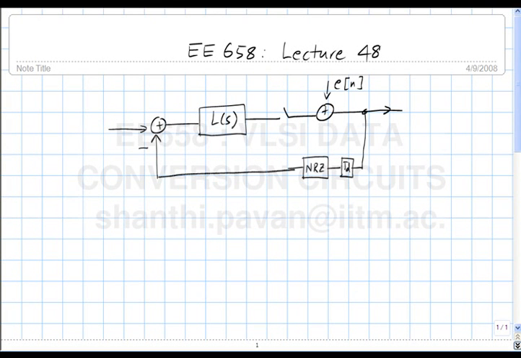And we also found a solution to the problem, which is to add a direct path with a gain G, where G equals TD.